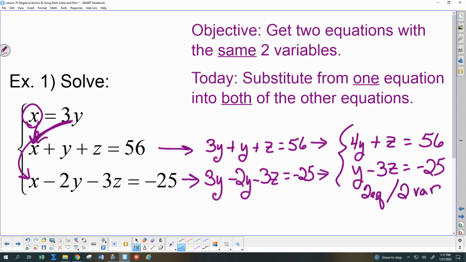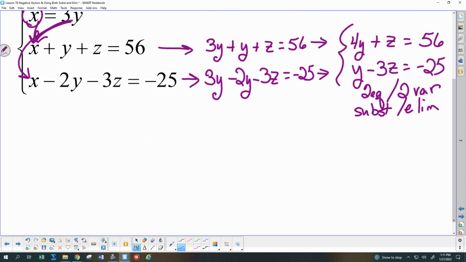So now I choose how I want to solve it, either substitution or elimination. I'm going to choose elimination. That means I either want plus and minus 4y or plus and minus 3z. It's kind of a toss-up which one's harder or easier. Usually 3's smaller, so it's easier to get smaller numbers. But 3 times 56 isn't as easy as 4 times 25.